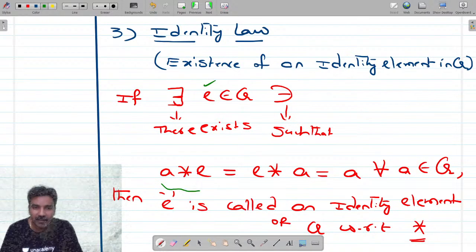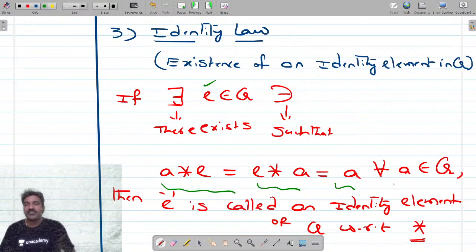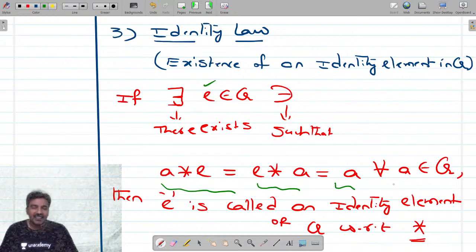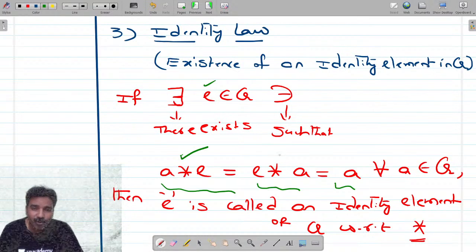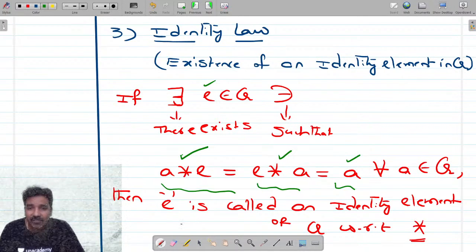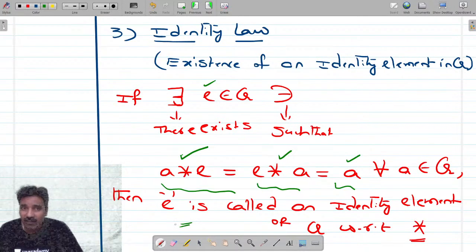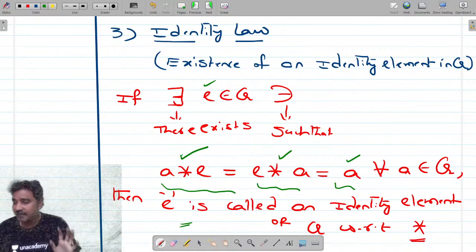So students, you must remember this one: A star E equal to E star A equal to A for all A belongs to G. If you are able to identify one element E belongs to G such that this holds, then E is called an identity element of G with respect to star. So the identity element must exist. If any property is missing, it is not a group. A group needs all 4 properties. The point is clear? Okay.